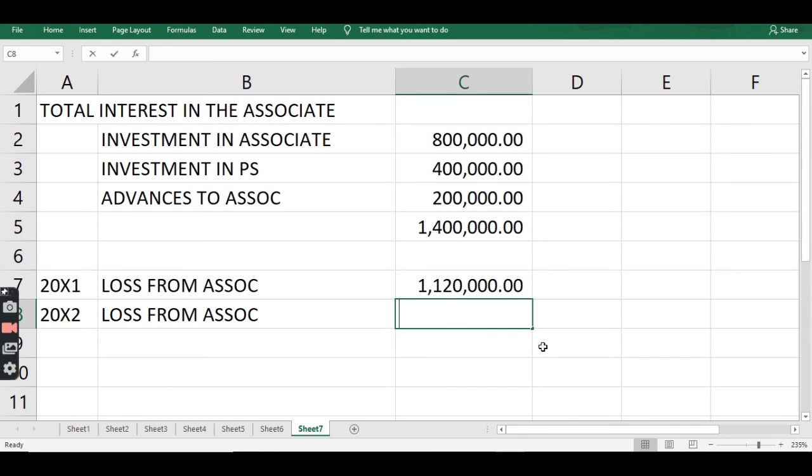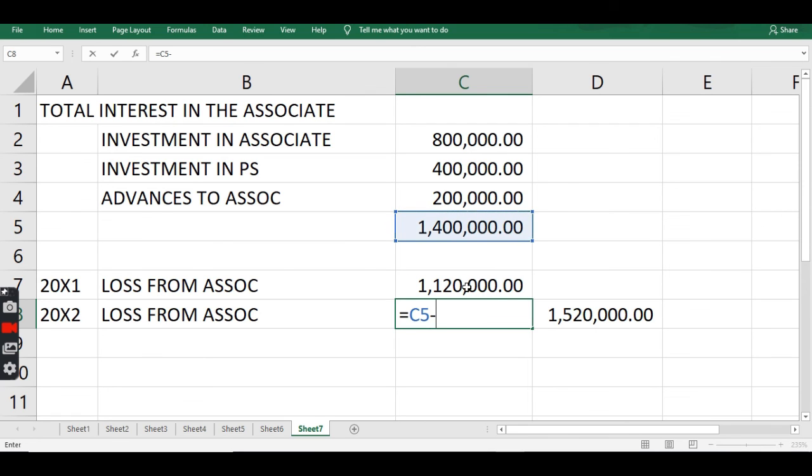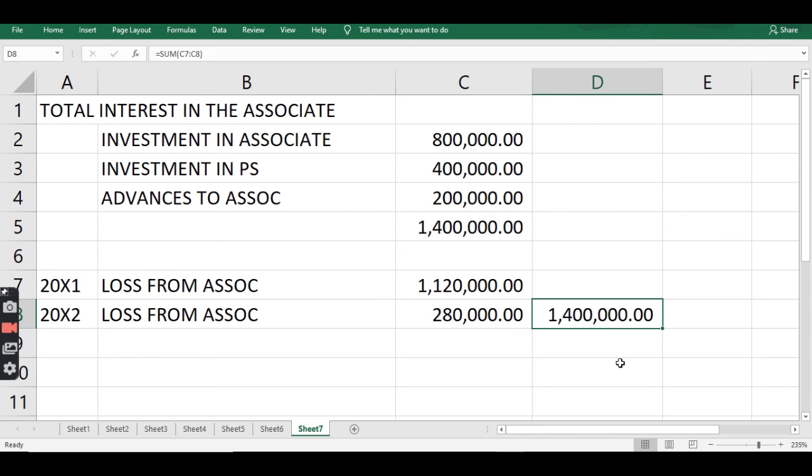Okay? So, pag i-compute natin yon, 2 million times 20%. Okay? Pag ito total natin to ngayon, 1,520. Ito lang ang interest mo. So, hindi ka pwedeng mag-exceed dito, di ba? Kasi mag-zero out na siya. So, ang mangyayari ngayon dito, yung loss from associate natin will only be equal to 280.